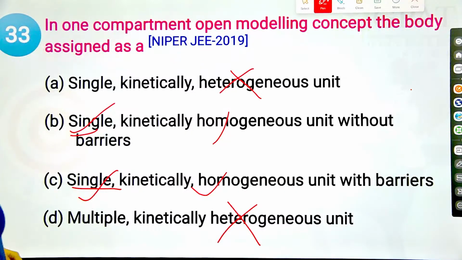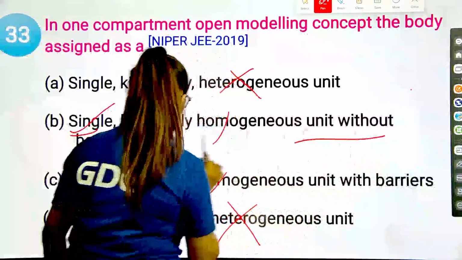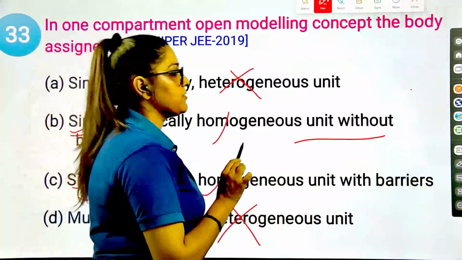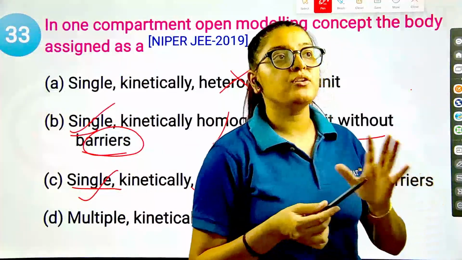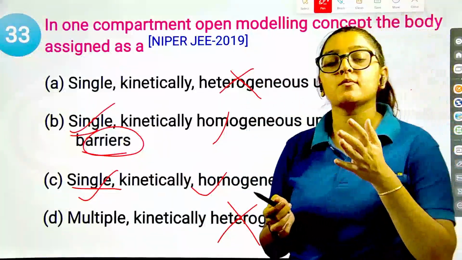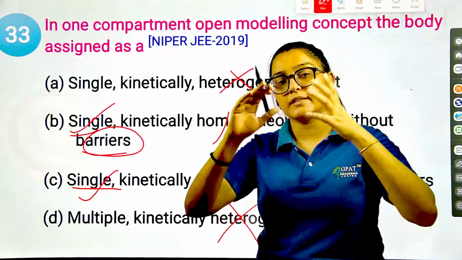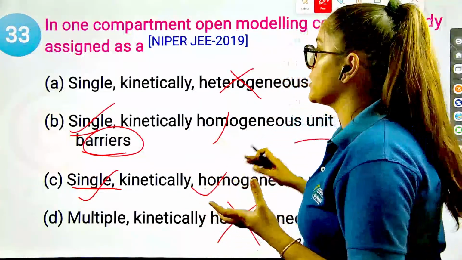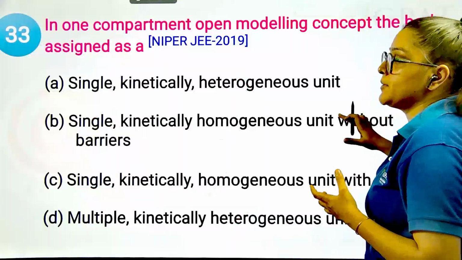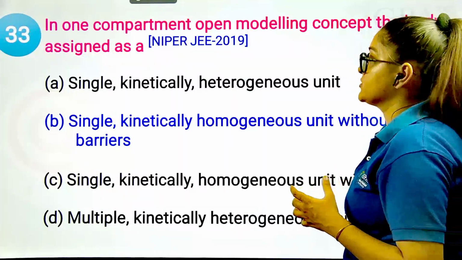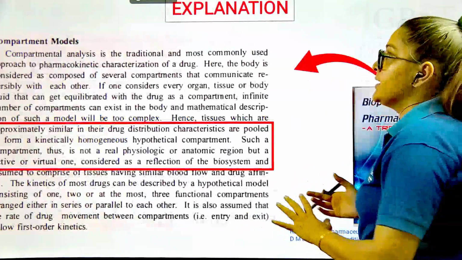Just as I've mentioned, it is without the barriers, because we are studying disposition, but we do not relate to what membranes are there or what kind of binding there is. It is not very much considered in a one compartment model. Okay, so the correct answer will be option B. Yes, correct. Okay, next question.